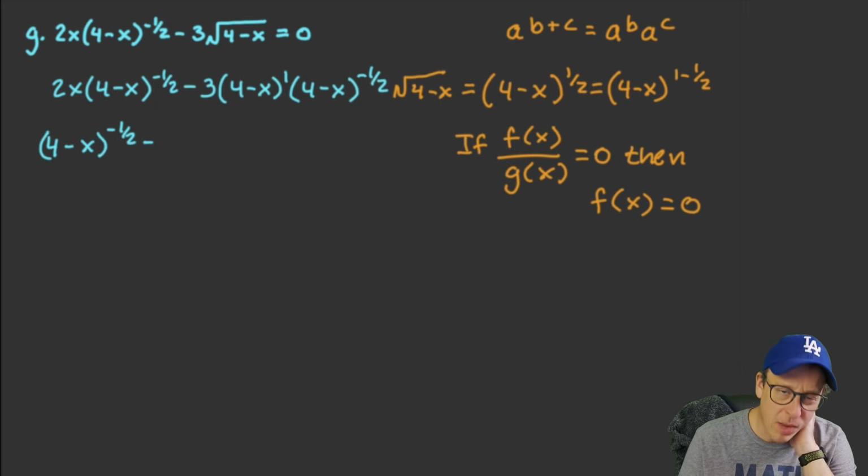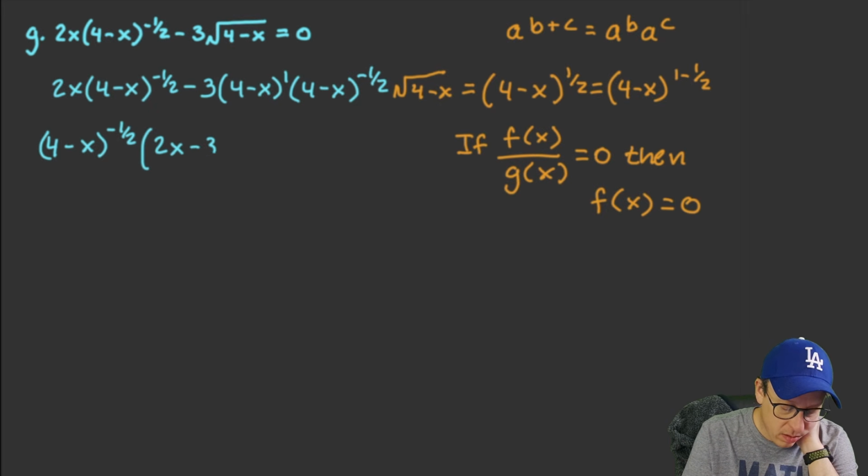Okay, so this is going to be (4 minus x) to the power of negative 1/2. And then let's get rid of this also. There we are. So this is 2x minus 3 (4 minus x), which is equal to 0.